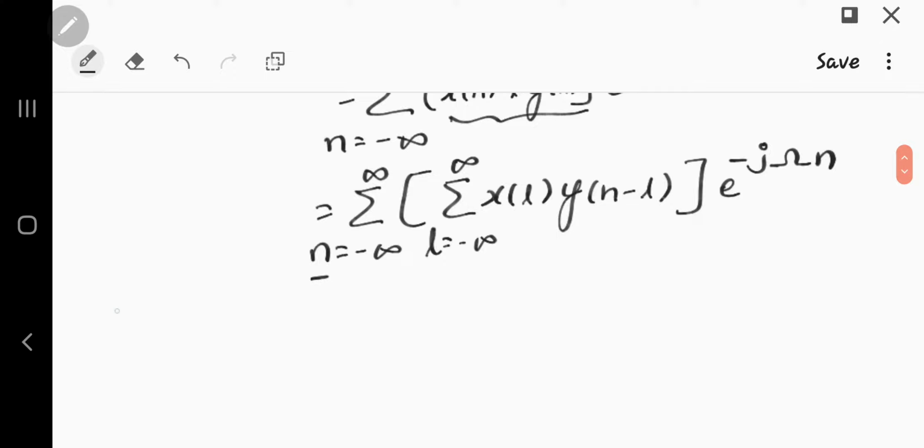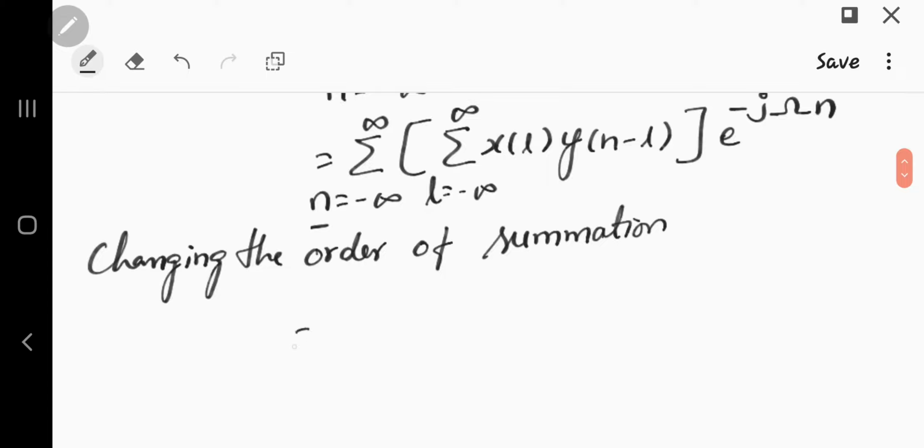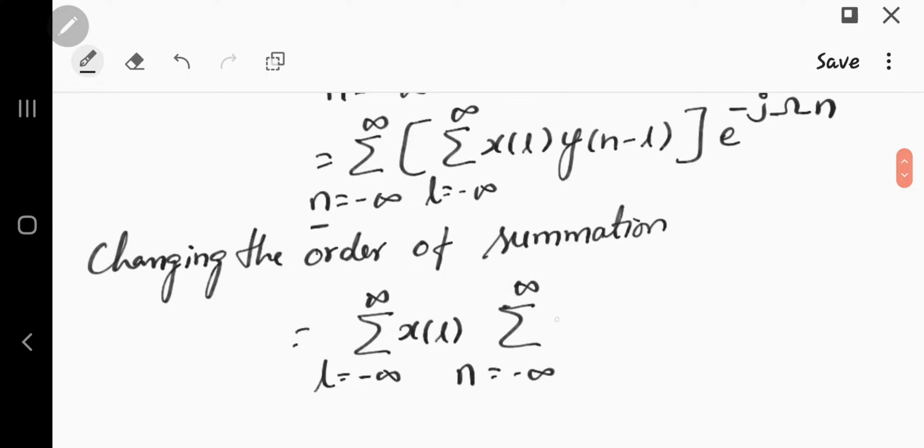Now for convenience I will change the order of summation. So if you change the order, I'll take l first here. L equals minus infinity to plus infinity x of l, summation n equals minus infinity to plus infinity y of n minus l e power minus j omega n.